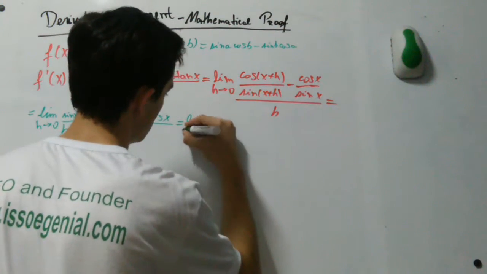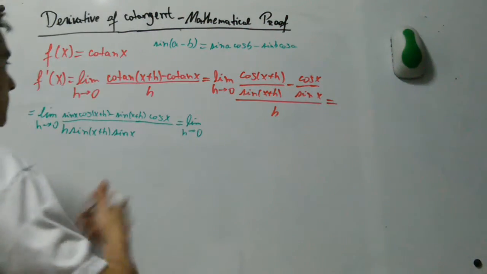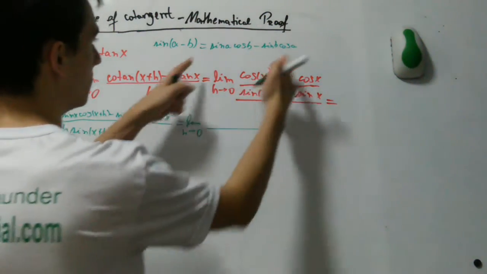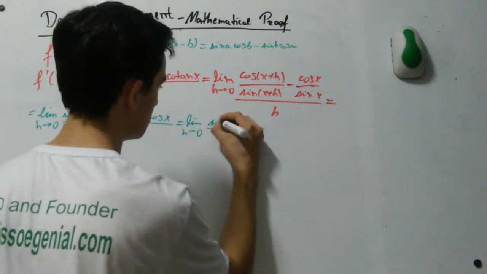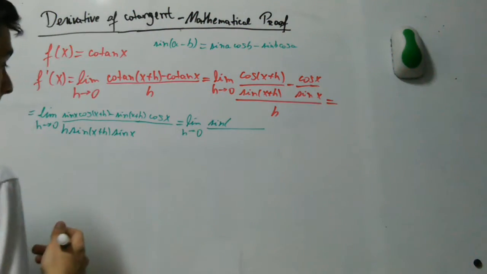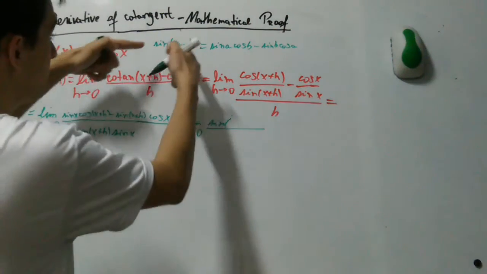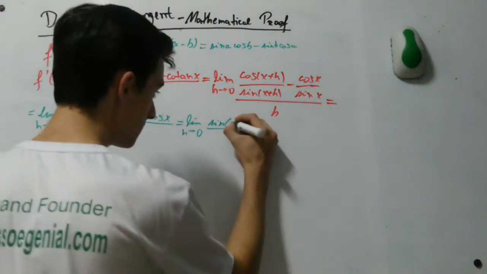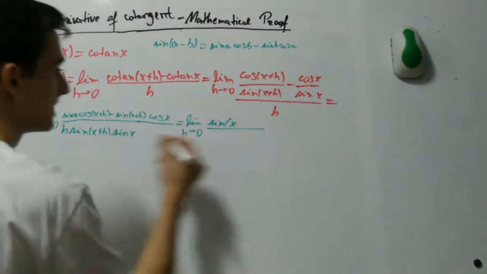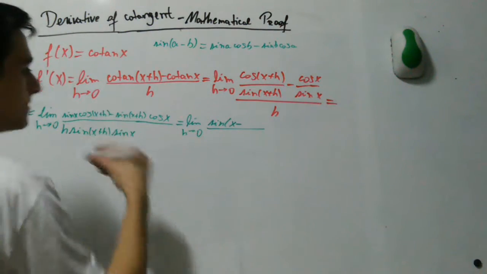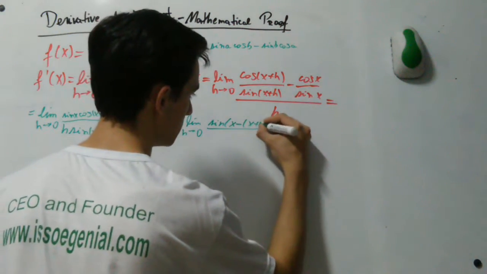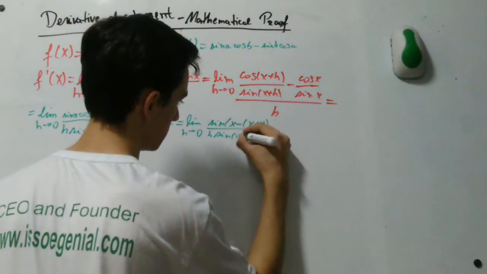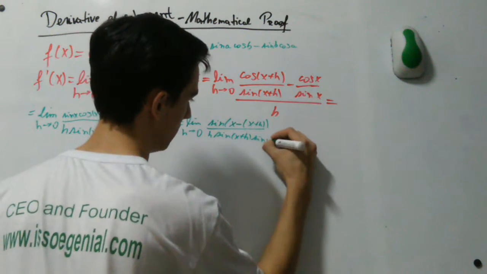So this is equal to the limit when h approaches 0, and this is going to be the sine of a difference of two angles. So this is going to be the sine of x, a is x, minus b is x plus h, and all of this divided by h sine of x plus h times sine of x.